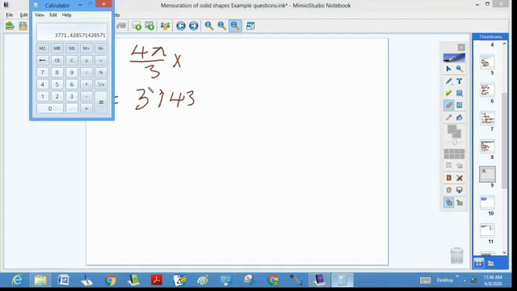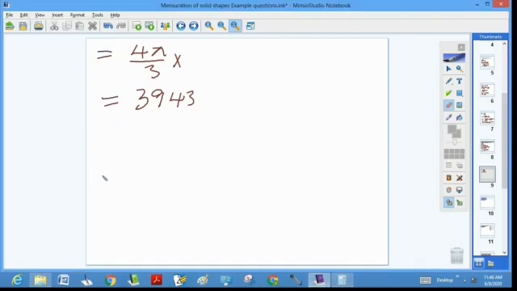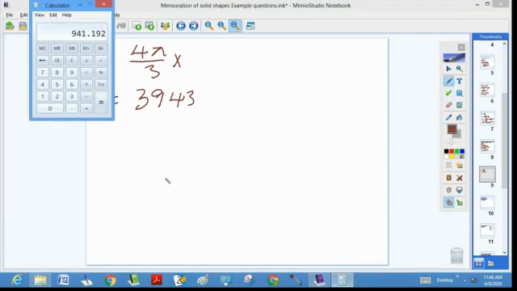Using our calculator to find 9.8 times 9.8 times 9.8, that will give us around 941.192.